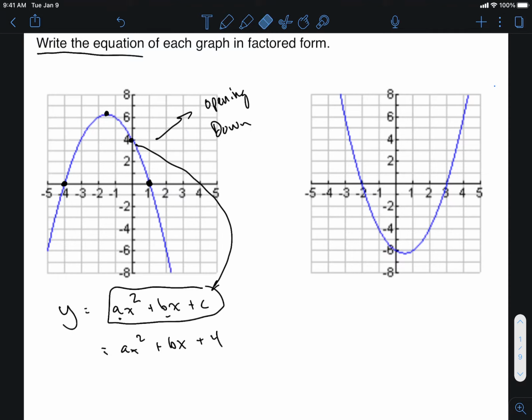I do also know from standard form, however, that the a value can be positive or negative, and that determines whether or not the parabola opens up or down. Well, in this question, if it's opening down, then the a value must be negative.